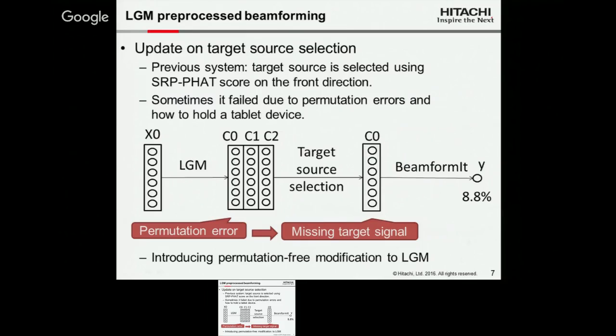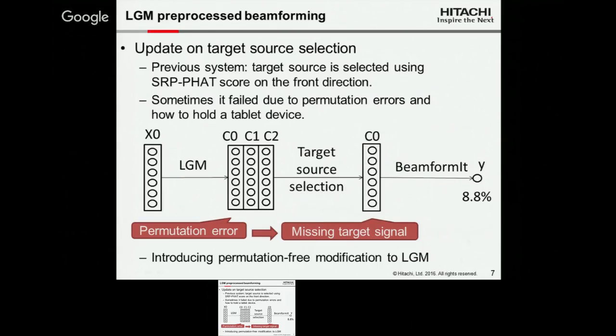And here we updated the blind source separation and target source selection. In our previous system in CHiME 3, the target source, the speech, was selected using SRP-PHAT on the front direction.